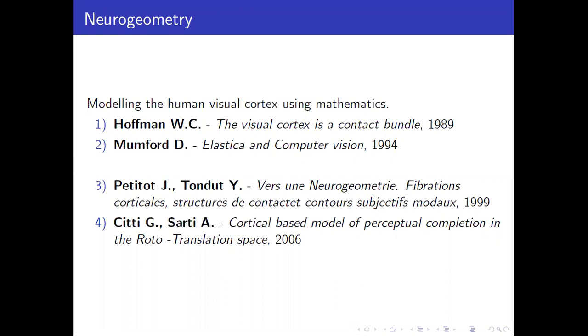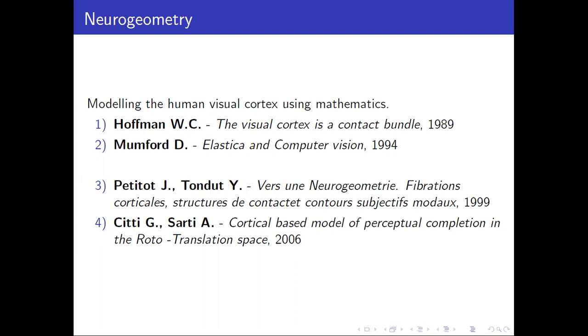All right, so neurogeometry was born, well, I mean, there is a long story, but let's say that mathematically, it became more and more interesting with the work by Hoffman, who was actually at Caltech when I was there, but I did not realize such a guy was there at that time.